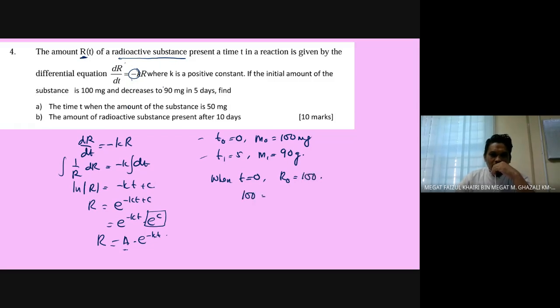So 100 equal to A e power of negative k times 0. So this gives you 1, so A equal to 100. So the equation is R equal to 100 e power of negative kt. That's not all. We are going to use the second information to find the value of k here.